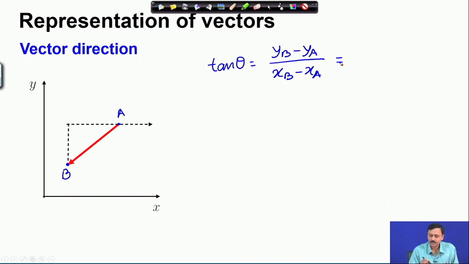In this case, you will note that both the numerator is negative and the denominator is negative.